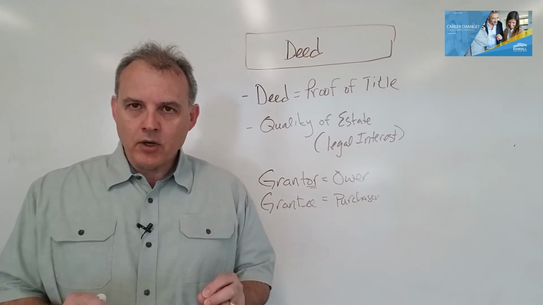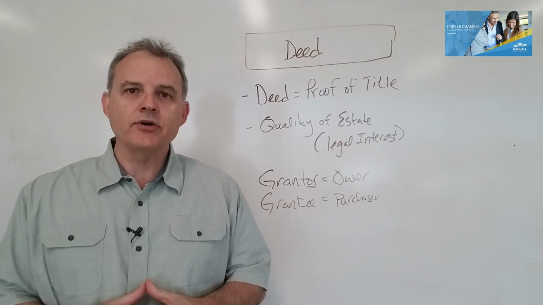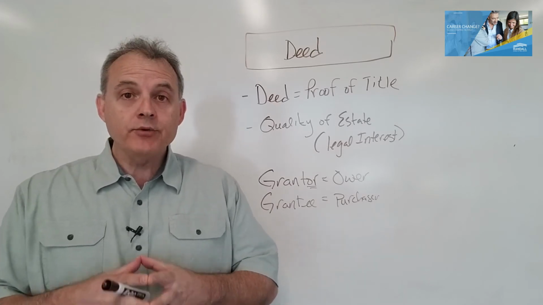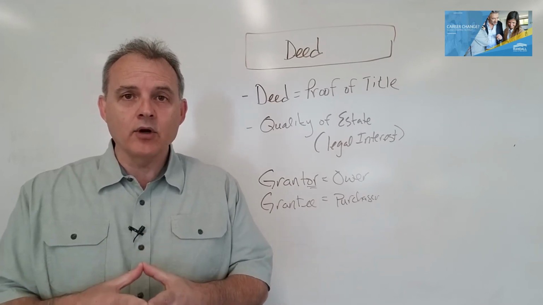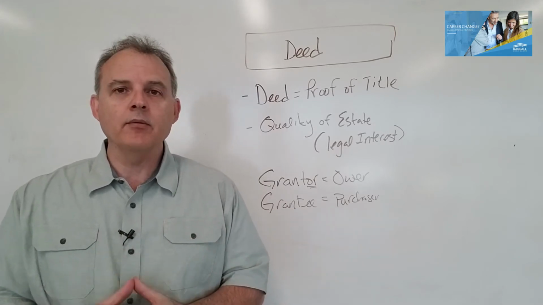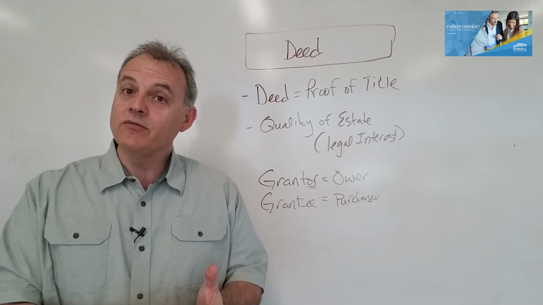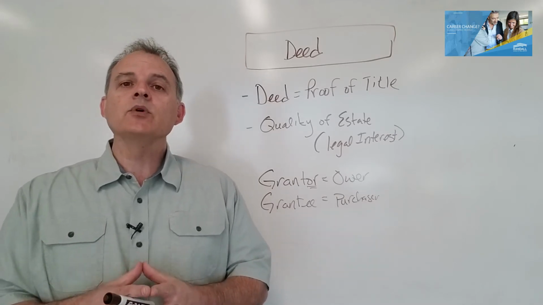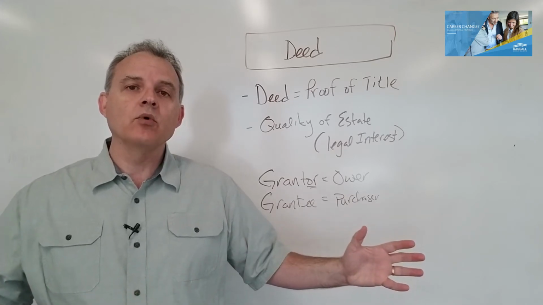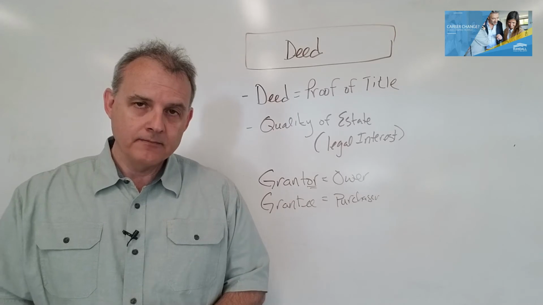Recording is not compulsory. It doesn't determine whether title has passed or not, okay? But we should record the deed at the courthouse because in the margin there's a term called constructive notice. Very important. When we record any document, whether it's a deed, whether it's a DD 214 or whatever, we're giving what's called constructive notice to the world of your legal interest in that property.